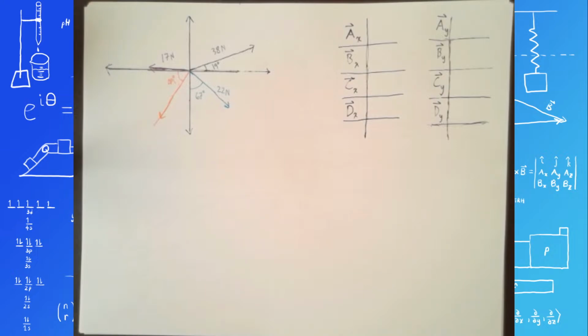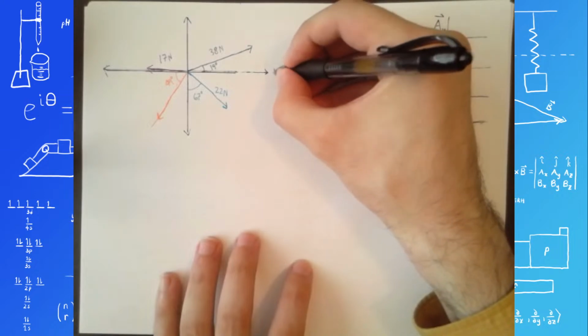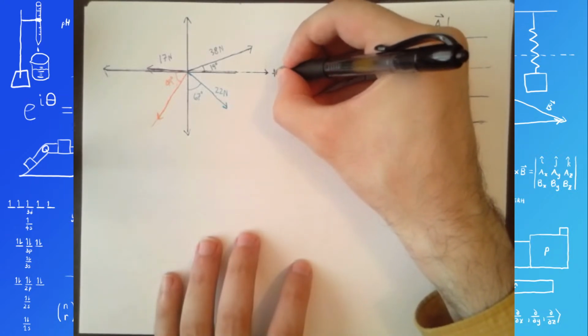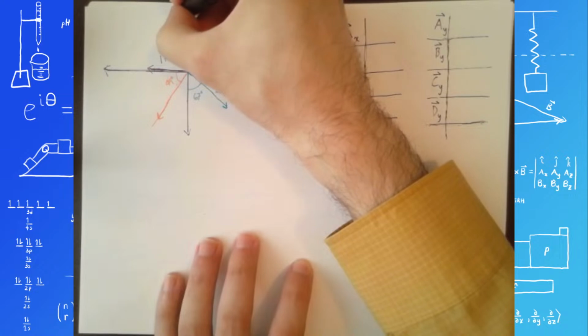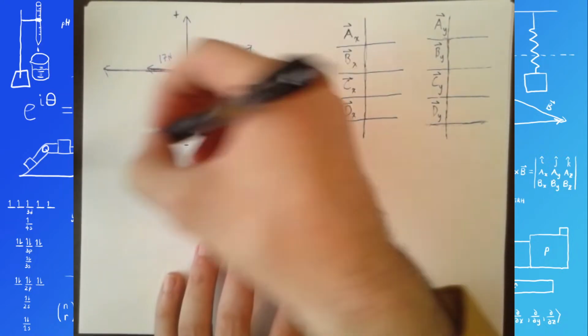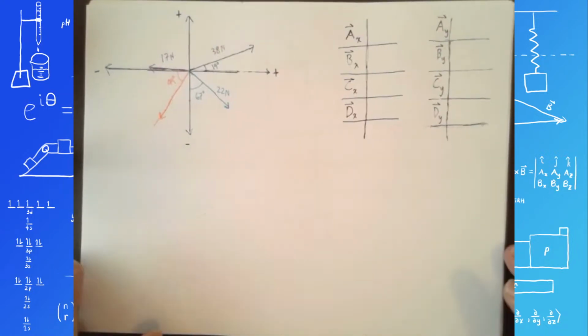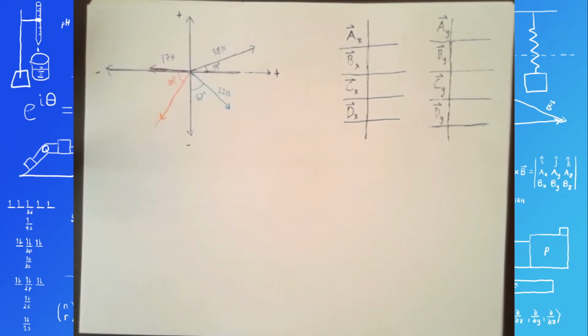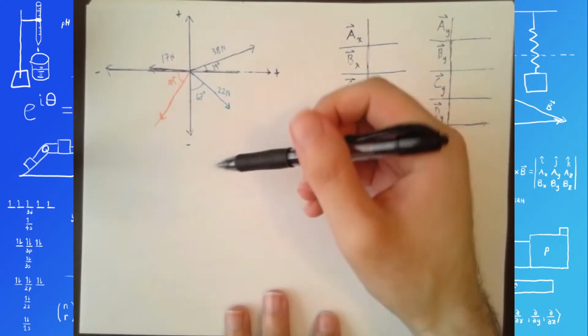Anyway, components. I'm just going to use positives and negatives here for the X and Y direction, so I'm going to say positive X is this way, positive Y is this way, negative Y is that way, and negative X is that way. You don't need to use sign conventions if you don't want to. They're a good tool for beginners when you're working in situations where there are clearly two directions, a forward direction and a backward direction.